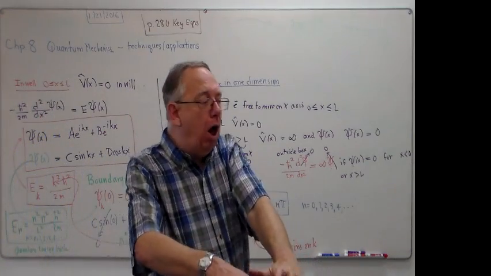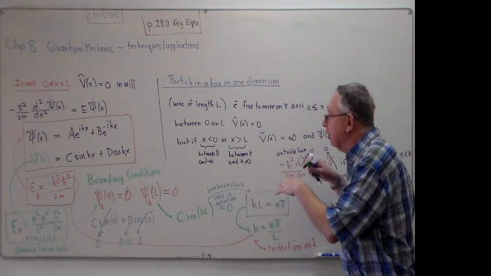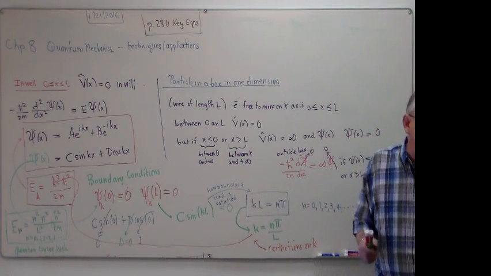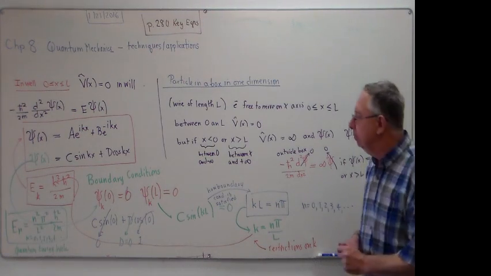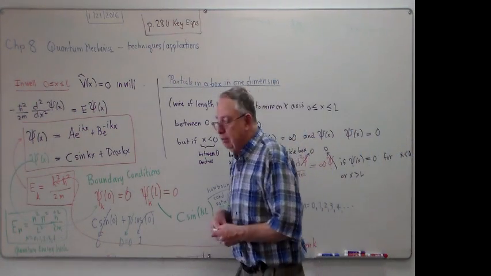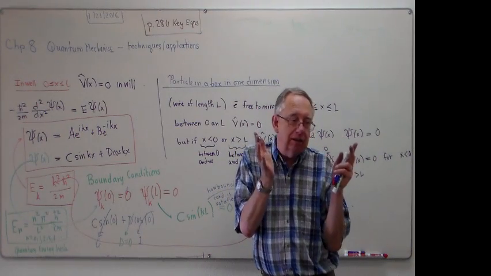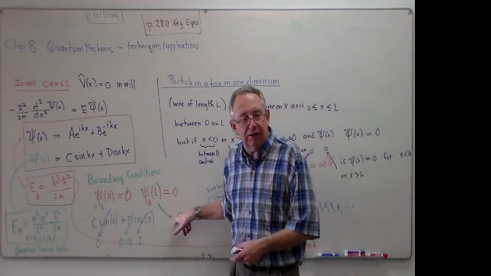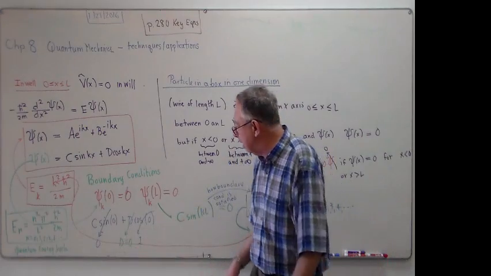So now, all of classic non-relativistic quantum mechanics, if you understand this problem, you understand it all. Because we restricted the region that the electron could be in, and that led directly to boundary conditions, because the wave function has to go to 0 at the boundary and beyond the boundary.